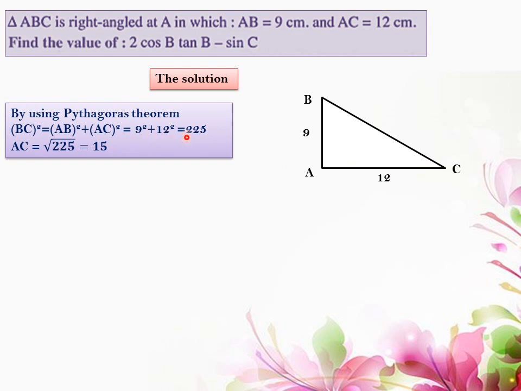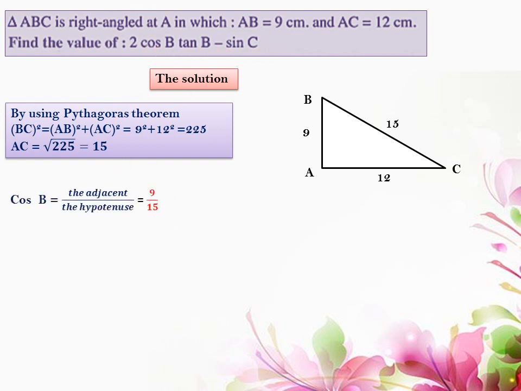By your calculator, 225. I want BC without the square, so we will take the square root of 225, which is 15. So BC equals 15. Now we can get the required ratios.